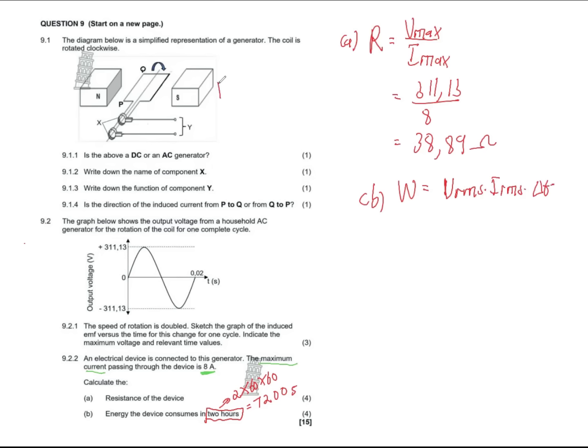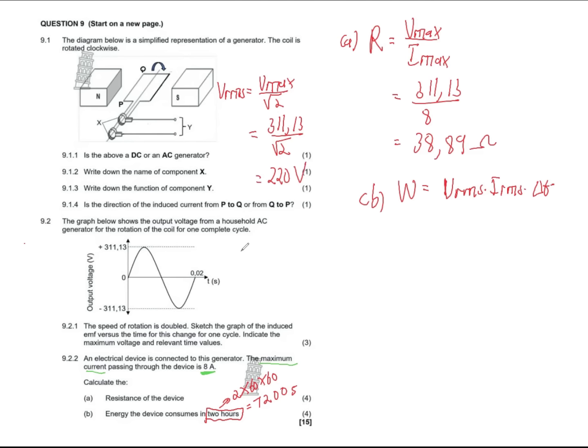So let's start by converting Vmax to VRMS. 311.13 divided by root 2 is going to be 220 volts.